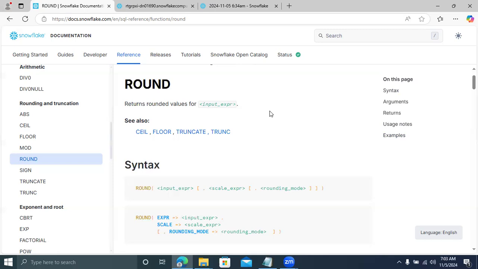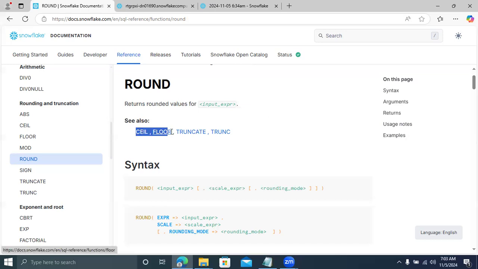If the value is 5.6, the value will round to 6. If the value is 5.4, the value will round to 5.